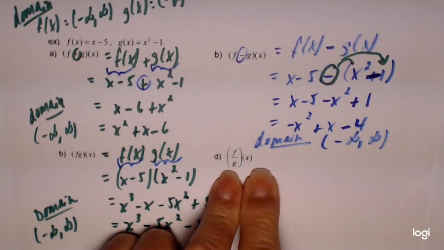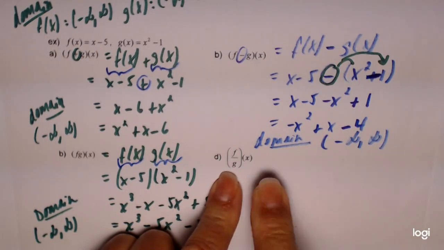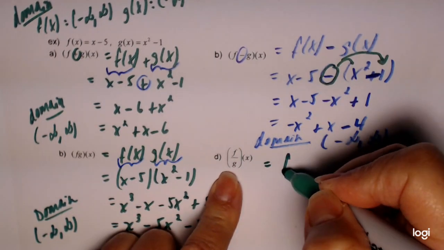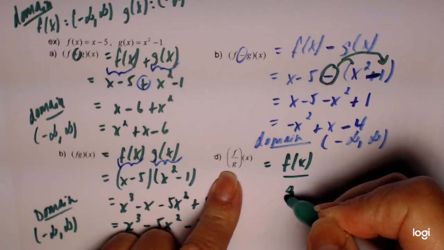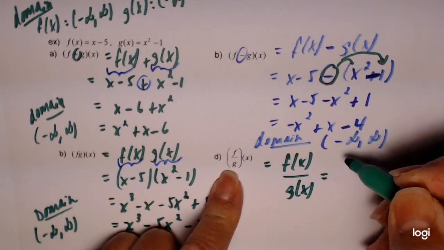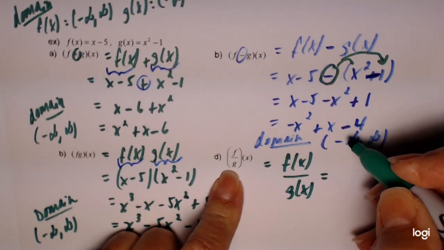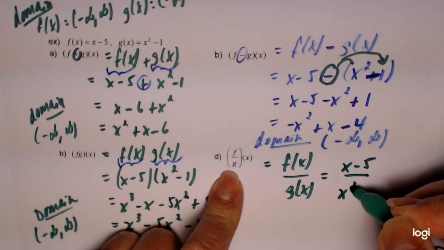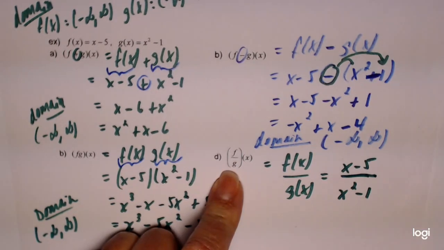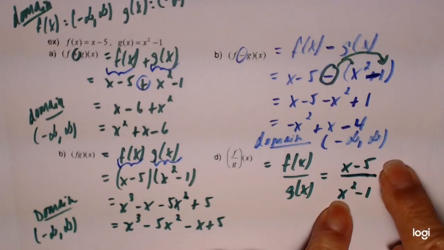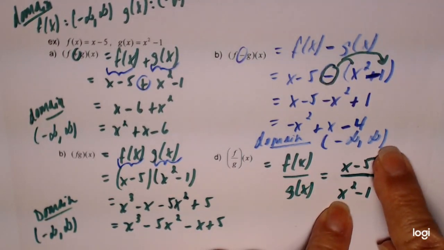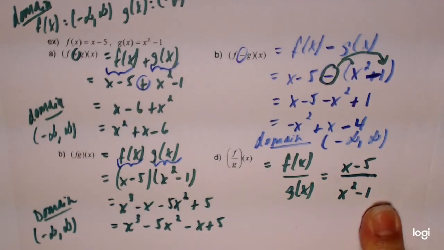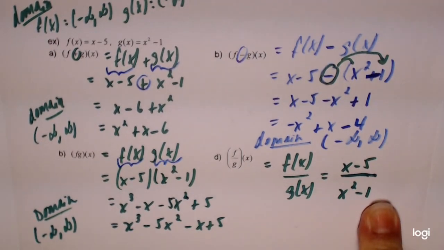The last combination is division. This is going to be f of x divided by g of x. f of x is x minus 5, and g of x is x squared minus 1. So we've just taken f of x and put it on top of g of x, and there is our combination, the new function that we have created.